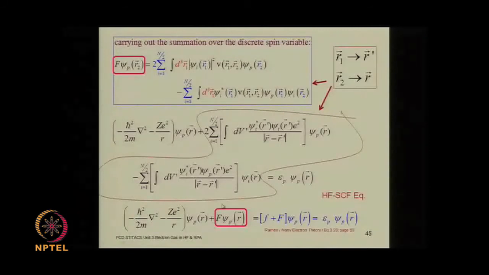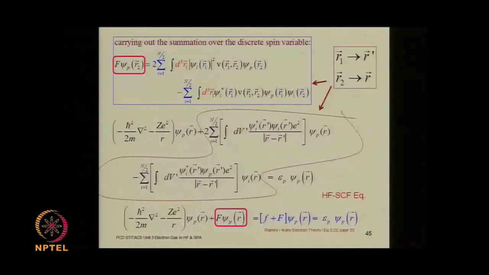So, now we write this Hartree-Fock self consistent field equation in terms of what we see at the bottom of this slide, and essentially you have got the sum of the one electron operator. This was the little f, this is the capital F. So, it is the sum of the small f plus the capital F, which is operating on psi p of R, and the right hand side is epsilon p psi p of R.